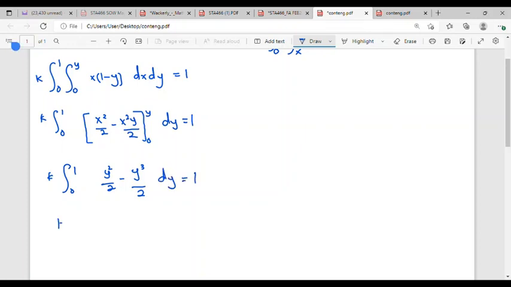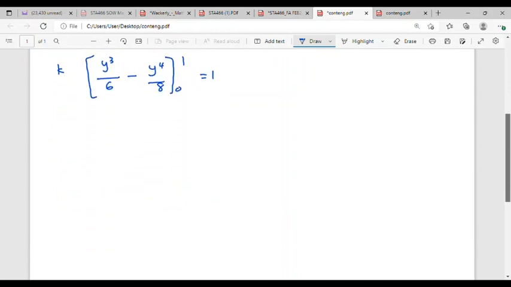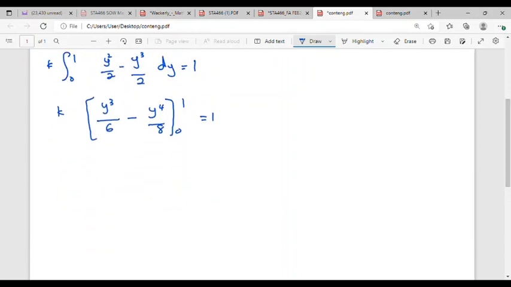Okay, so next step, integrate this function with respect to y, from 0 to 1. So you will get 1 over 6 minus 1 over 8 equal to 1.